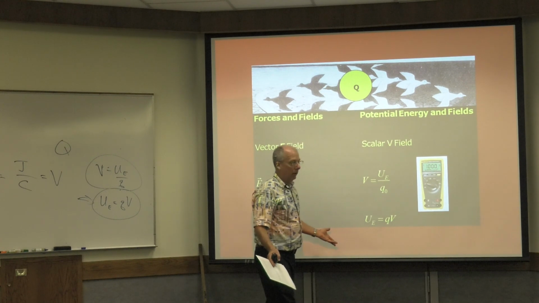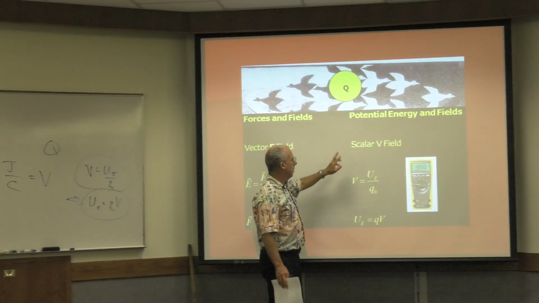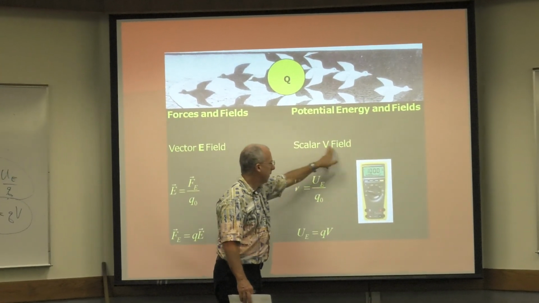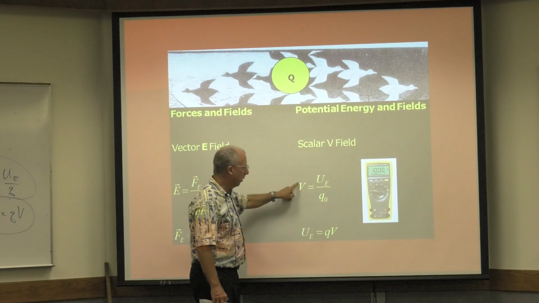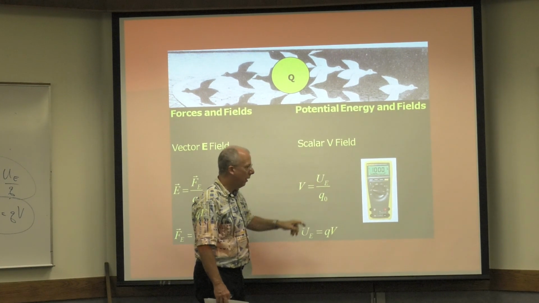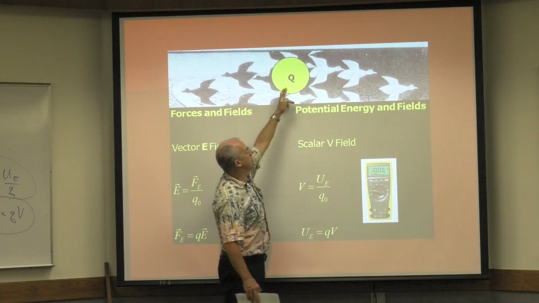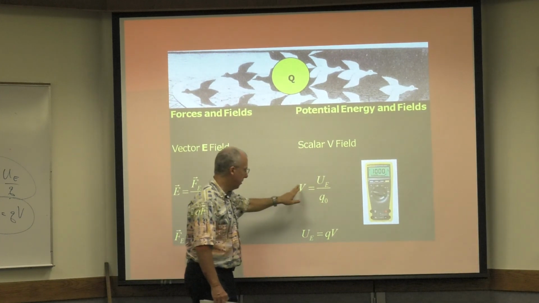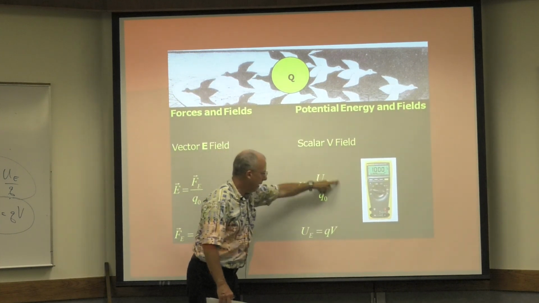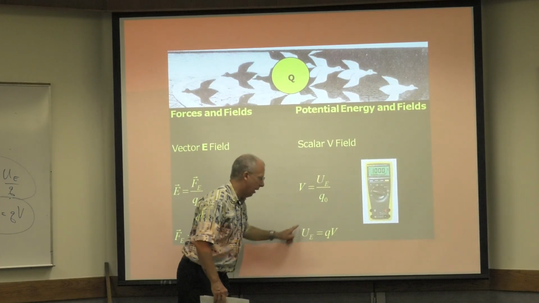Energy is a scalar, right? It's not a force. So we have scalars. So the definition is the V field, or the voltage, or the potential, is the potential energy that this and the probe have, but then you divide by the probe because you don't want this to depend on the probe. So that's the definition, but you can also use that. We'll use that a lot.